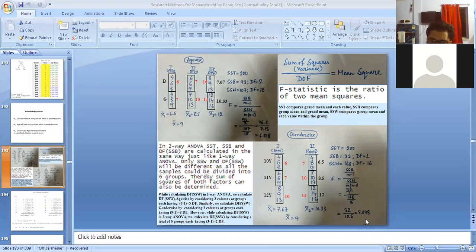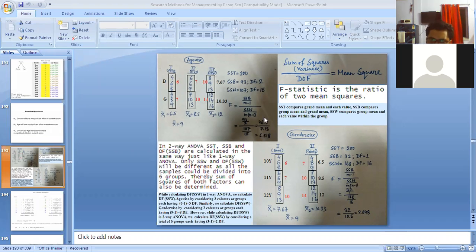And you can compare these two scores with a cutoff value. Those cutoff values will depend on the alpha level that you are considering and the degrees of freedom for F, that is 2,15 in the previous case, and here it will be 1,16. So in that way you need to compare, just like the previous one.